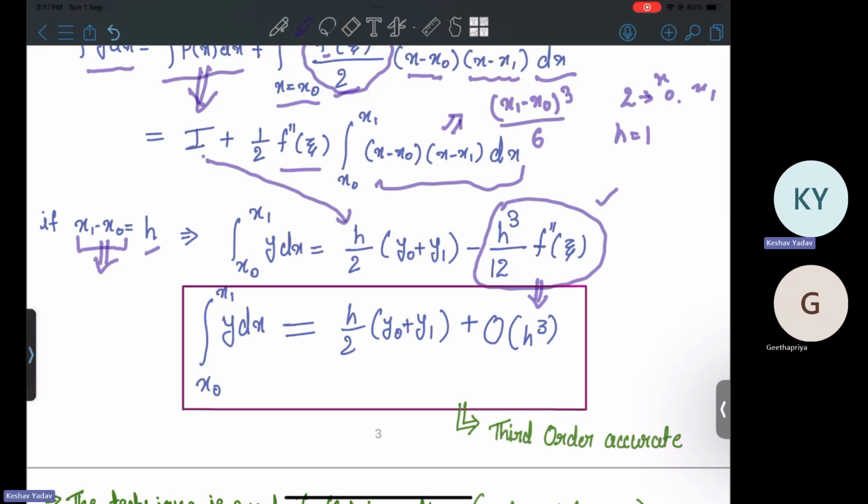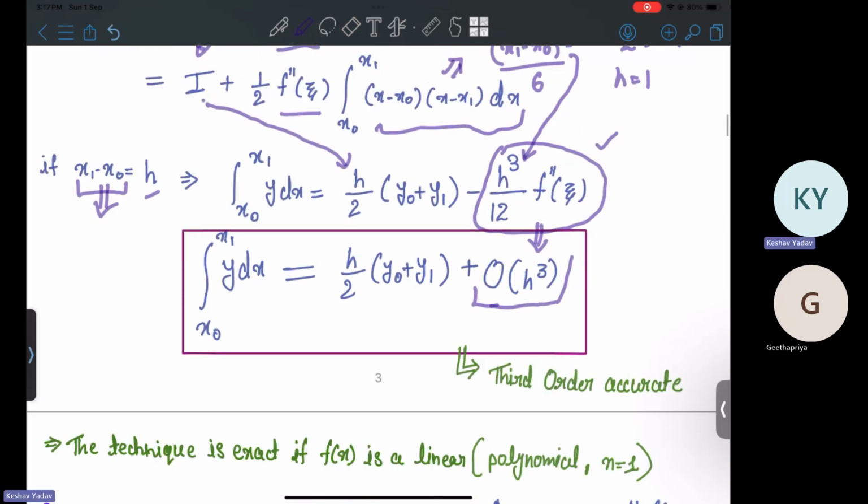If I multiply by 1 by 2, this will be equal to h cube divided by 12 f double prime of xi, which means this is some order of h cube. If I do the numerical integration of some function, I will get a third order accurate solution.